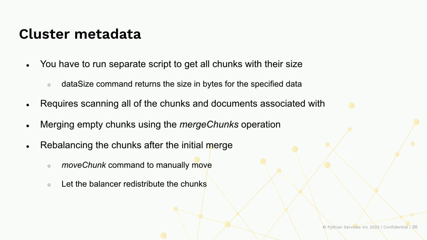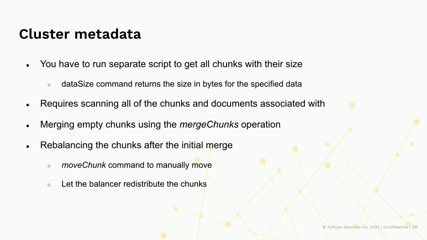If you want to check how much data actually exists in that chunk, there is a command in MongoDB, dataSize, that you can run on the range from the min key to the max key, and that will give you exactly how much data exists in that chunk. Using that data, you can make a decision: is that chunk empty or does it have data?